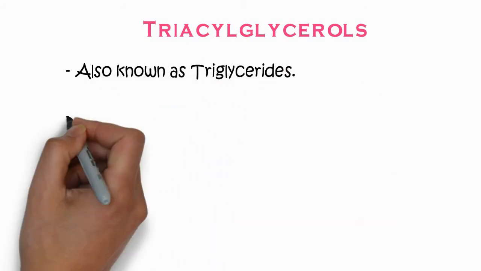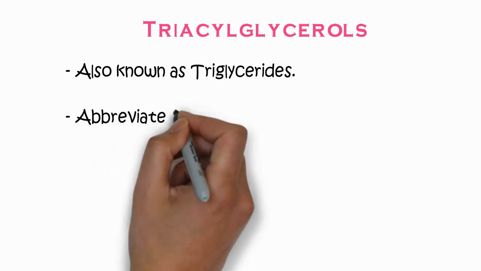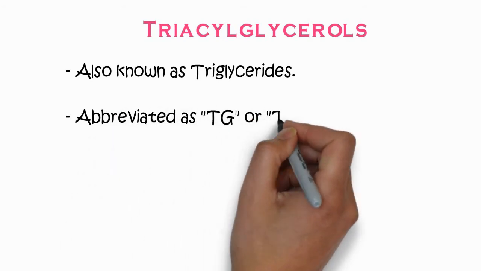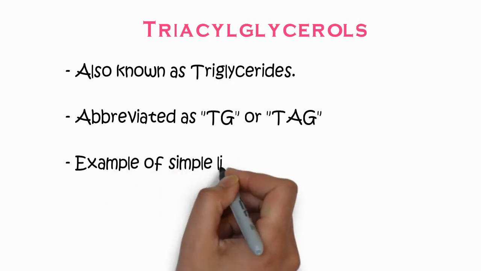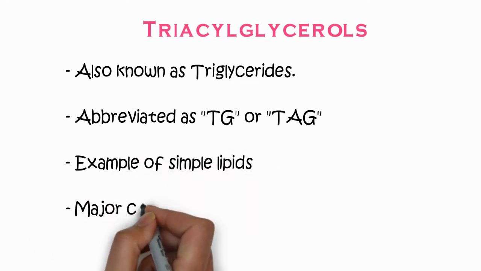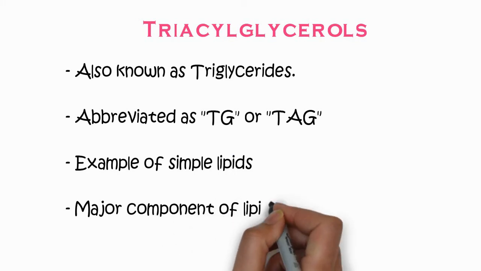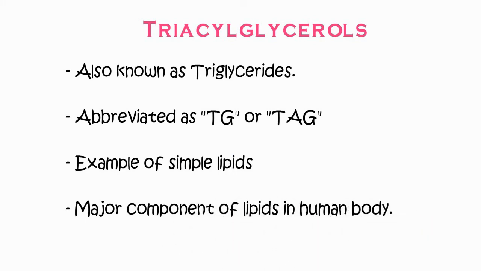Triacylglycerol is also known as triglycerides. It is abbreviated as TG or TAG. Triacylglycerol is an example of simple lipids. They are the major component of the lipids in the human body.